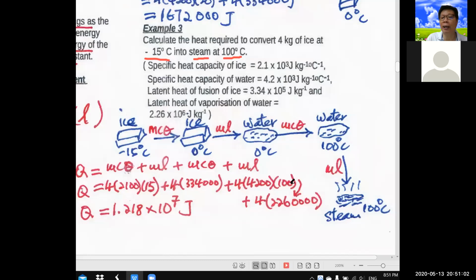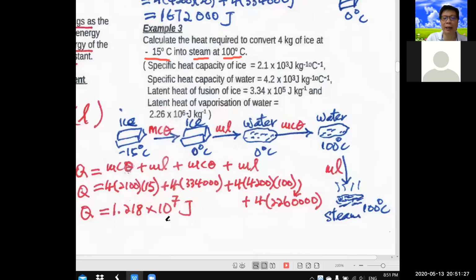Change in theta is 100 degrees, because it's from 0 to 100. And the last one is ml. l is the latent heat of vaporization of water, 2.26 × 10^6. So use your calculator, calculate carefully, then you get this answer.